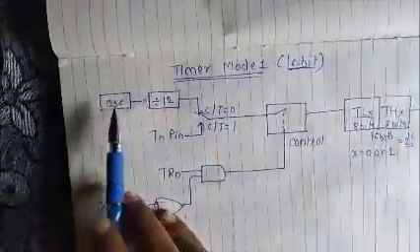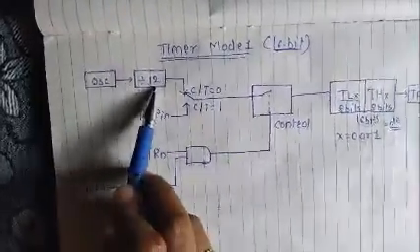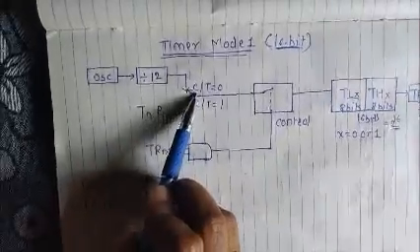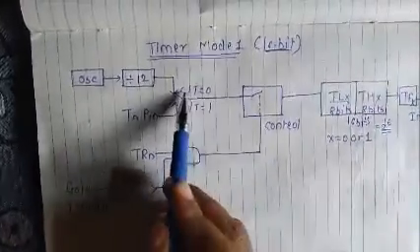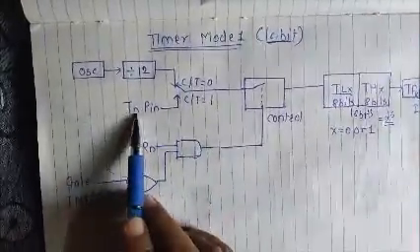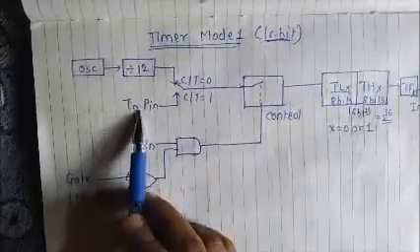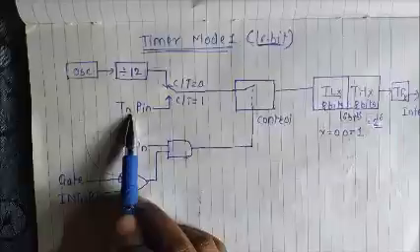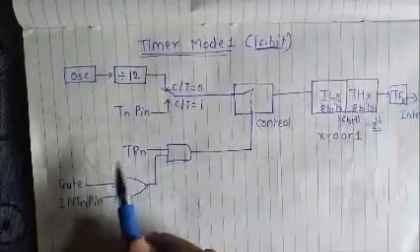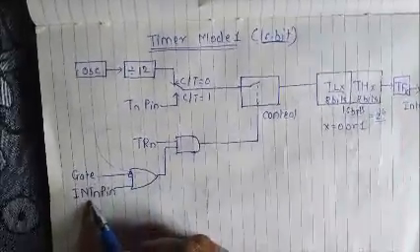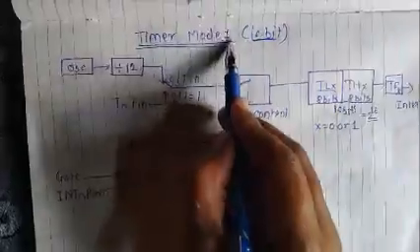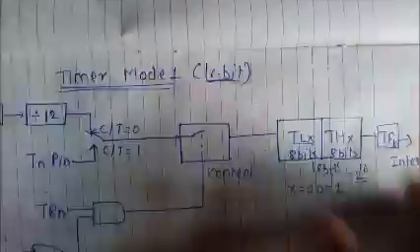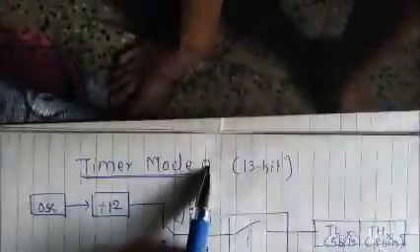The remaining diagram is the same: the oscillator divided by 12, which is given to C/T, which is counter and timer. This is TN, which timer we are using, and according to that the N bit changes, either 0 or 1. This is the timer run bit, this is the gate, and this is the interrupt bit. So this is the timer mode 1, and the earlier one was timer mode 0.